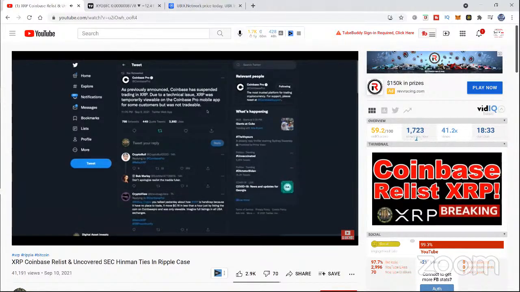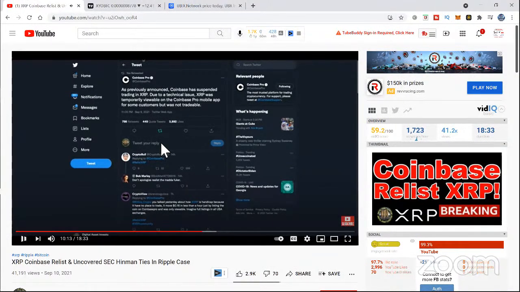That's my understanding. So they put this out today. As previously announced, Coinbase has suspended trading in XRP. Due to a technical issue, XRP was temporarily viewable on the Coinbase Pro mobile app for some customers, but was not tradable.